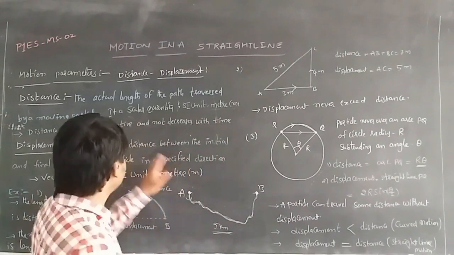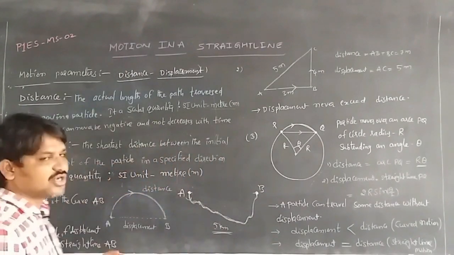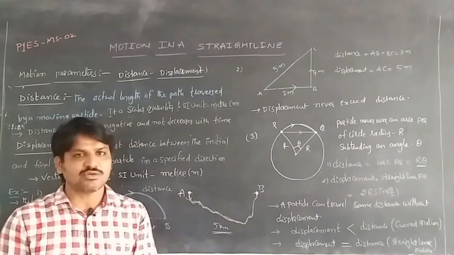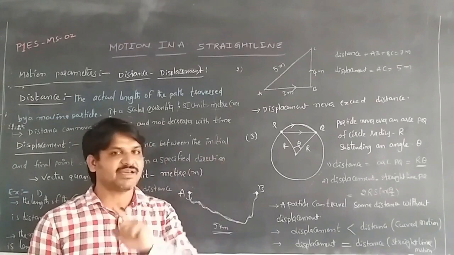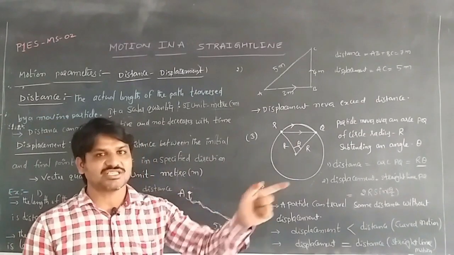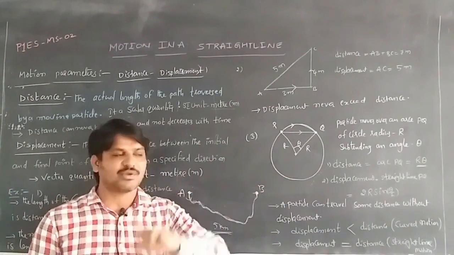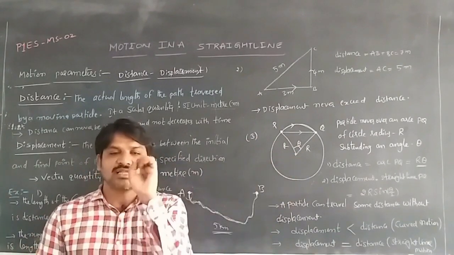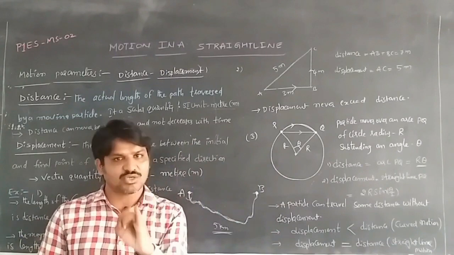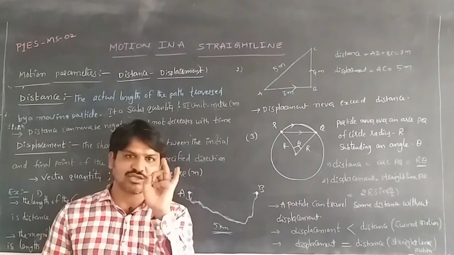It is considered a vector quantity because displacement has magnitude, and we also said it is in a specified direction, from the initial point to the final point, or from the final point to the initial point. There is some direction there. So here you can say that the displacement can be zero, negative, and also positive.